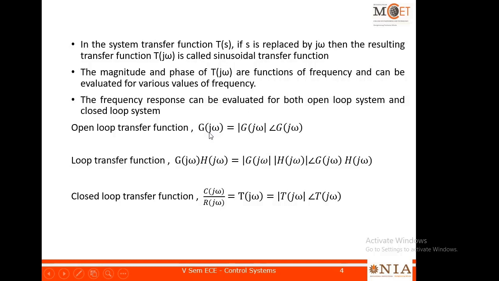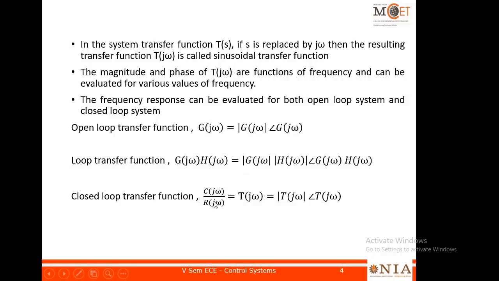Once the j comes into role, you will have a magnitude and phase. So this G of j omega, you will be able to write as magnitude separately and phase separately.